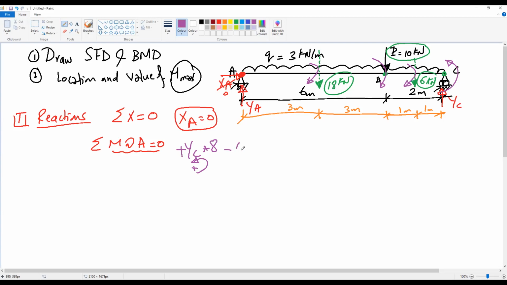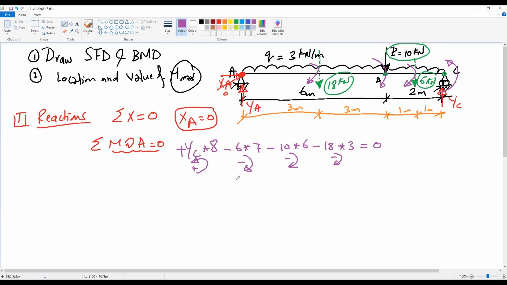Minus 6 multiplied by the distance from A to this load, 7 meter, rotating clockwise, so negative. 10 also rotating clockwise, so minus 10 multiplied by the distance 6. Then we have minus 18, also clockwise, multiplied by the distance, which is 3, should equal 0. So these are the forces that cause moment at A.